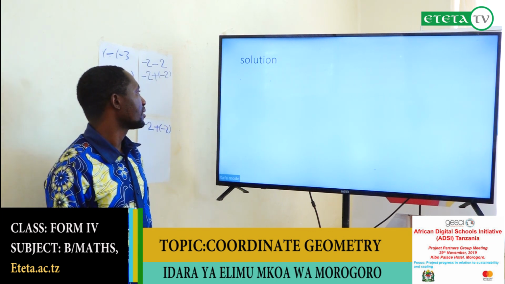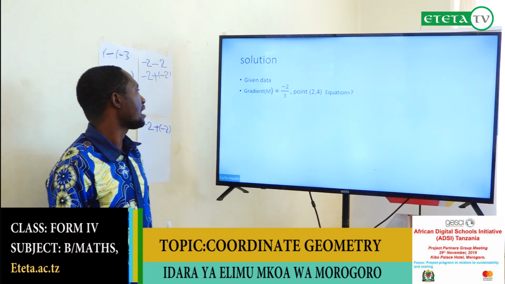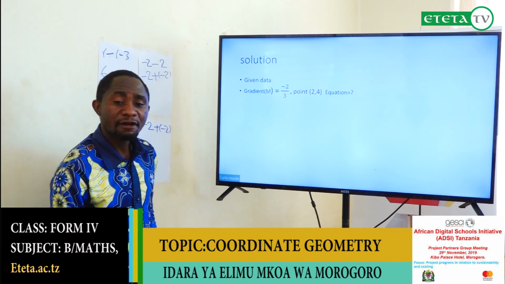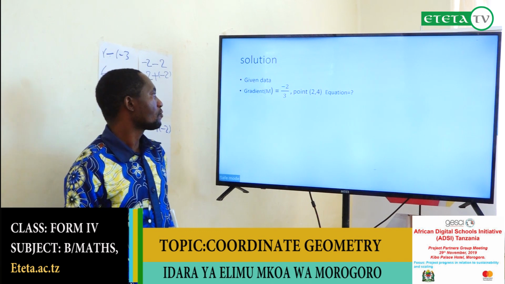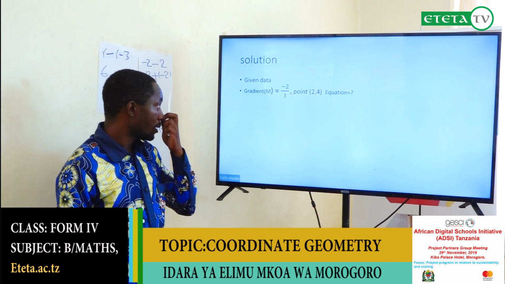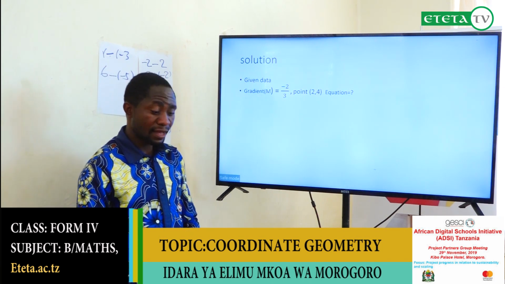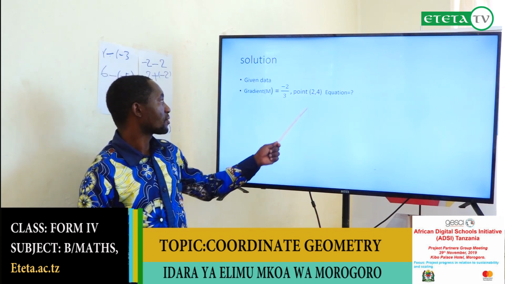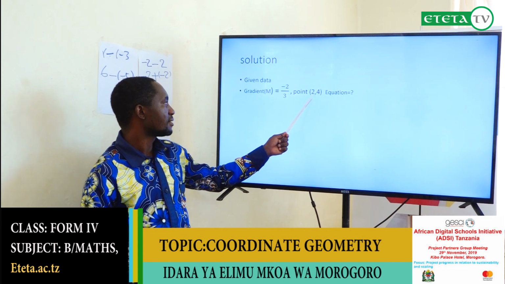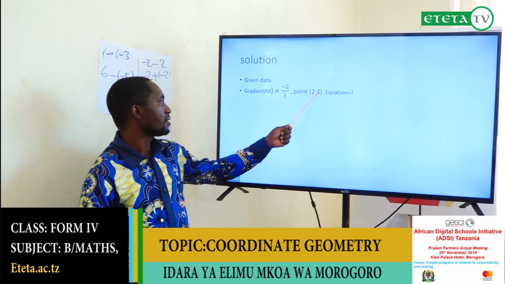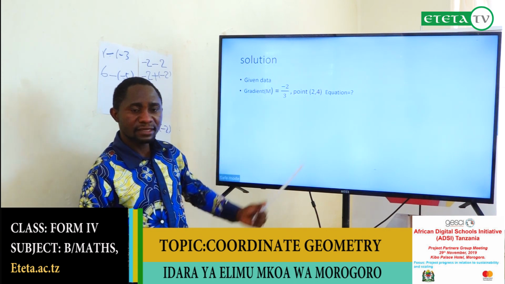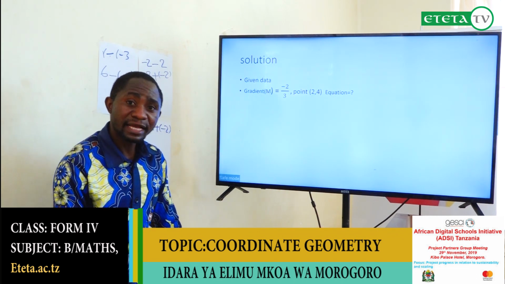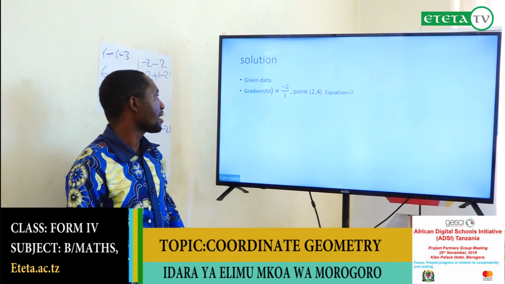As you can see, we have gradient -2/3. We have our point 2,4 on the line, but the equation is what we are asked to find. Let us call this x1 and this y1, because the point 2,4 is a given point. And we are given the gradient -2/3.